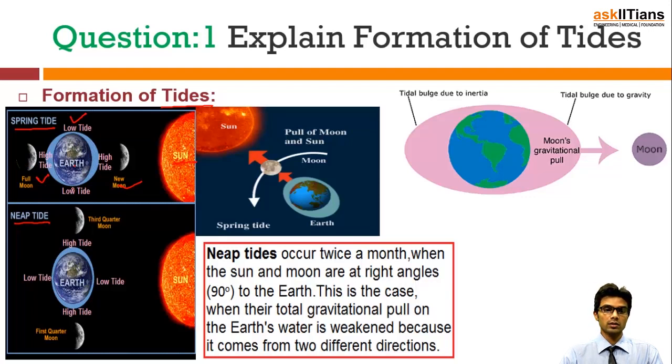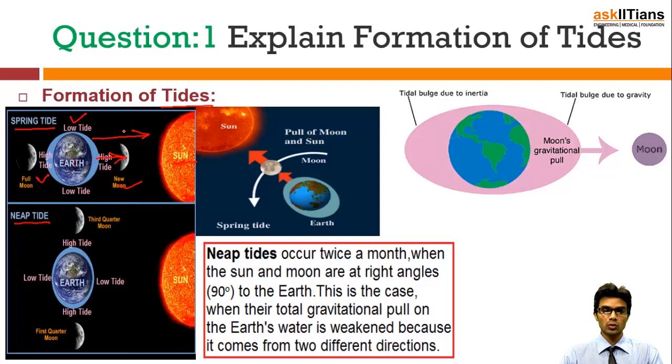revolves around the earth, then when the moon comes between the earth and sun, here this is the force of attraction between the sun and earth, and this is the force of attraction between the earth and moon.